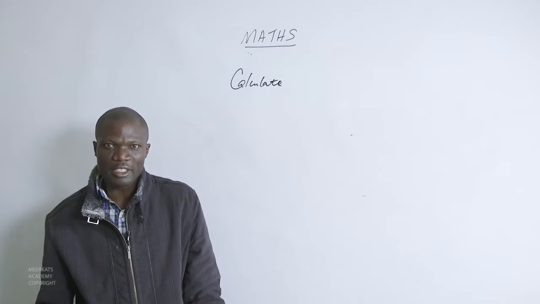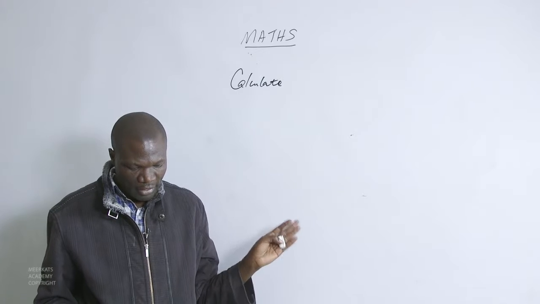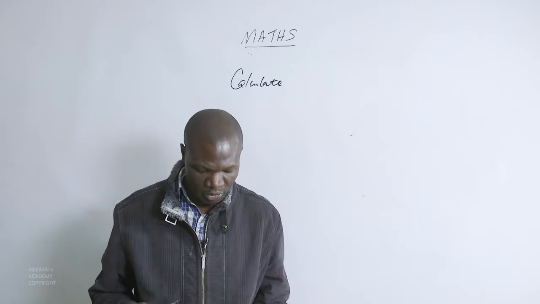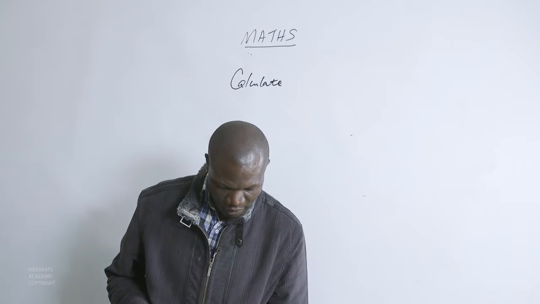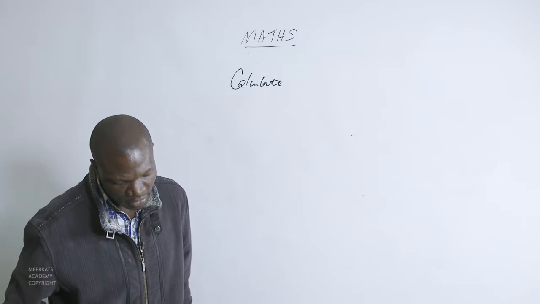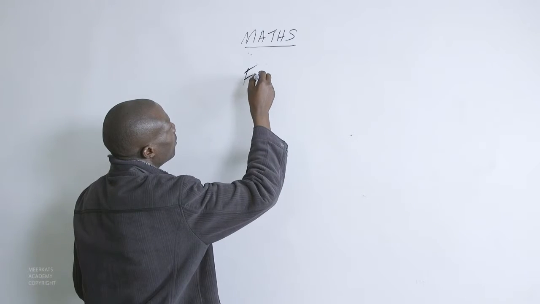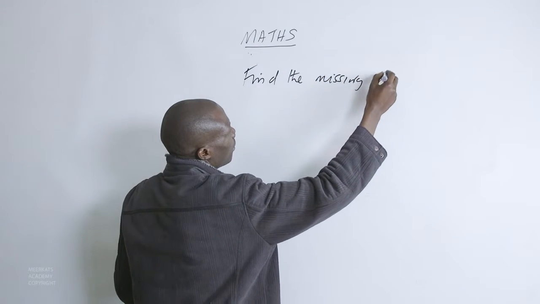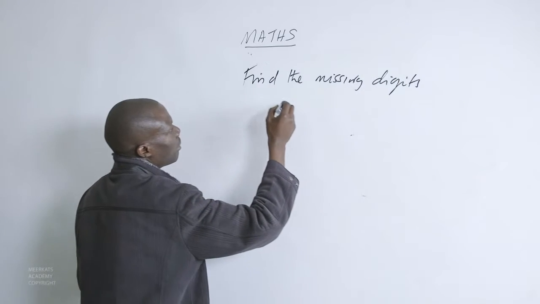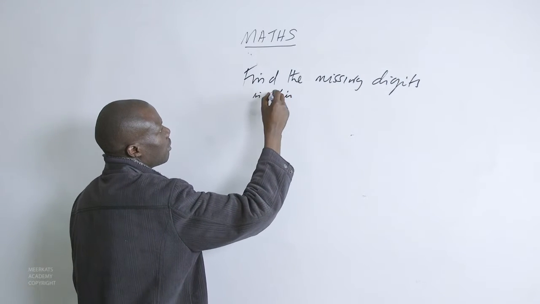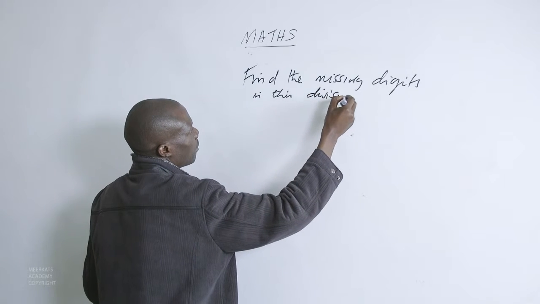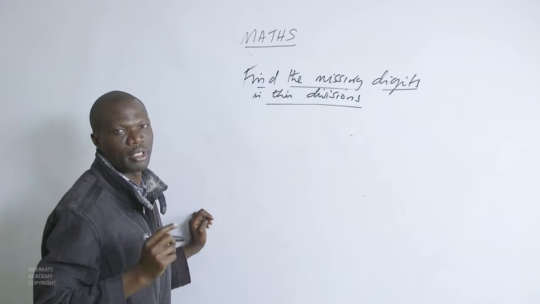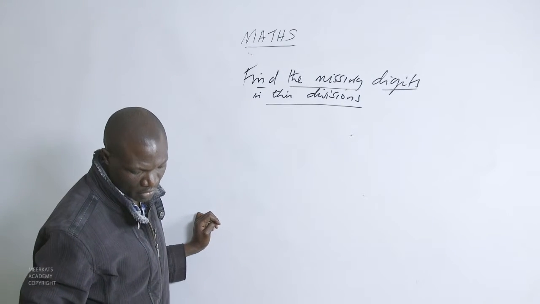Now let us look at some questions which are slightly different that require us to mentally understand and apply what we require. Now find the missing digits in these divisions.